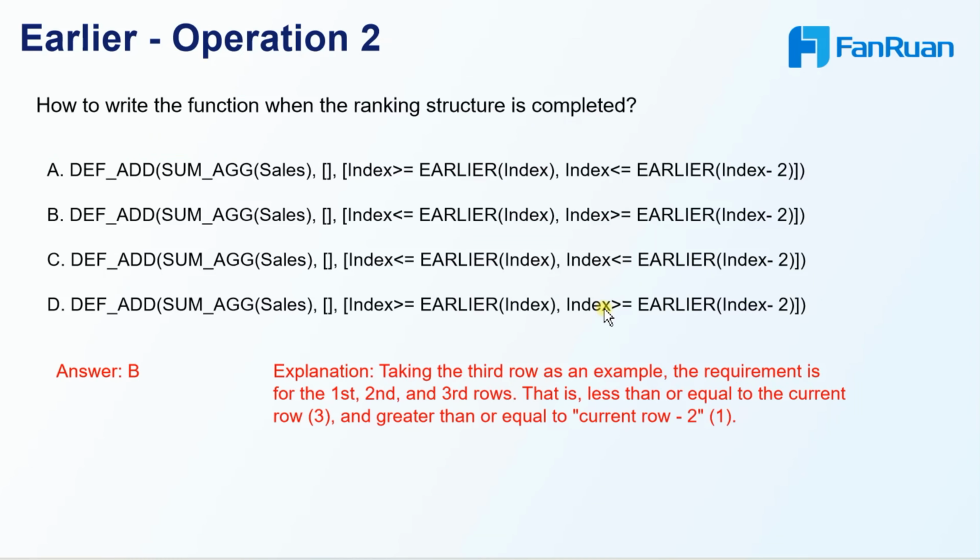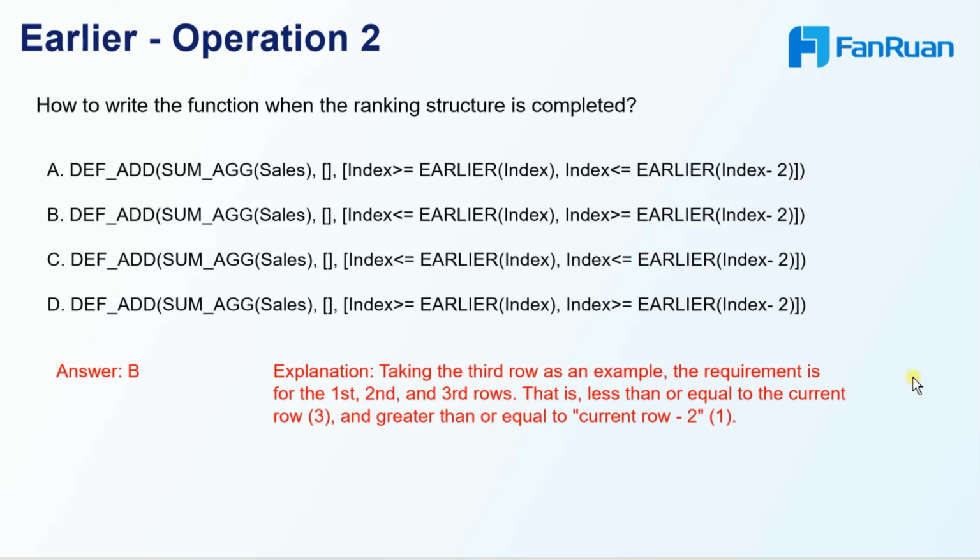So, for the current row, it's the sum from row 1 to row 3. For March, row 3, the range will be greater than or equal to 1 and less than or equal to 3. The logic here is, EARLIER helps us to calculate the previous rows, including the current one. Thus, the correct syntax is EARLIER for both the greater than or equal and less than or equal conditions. So the answer is B.